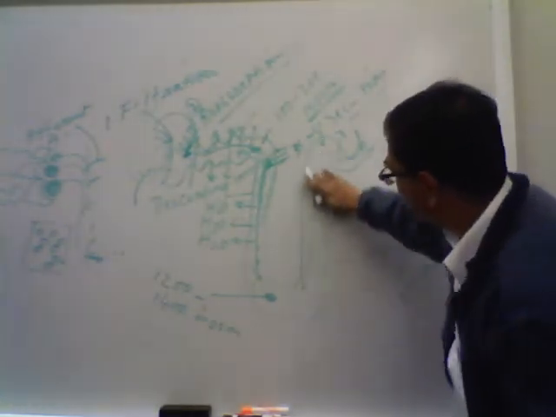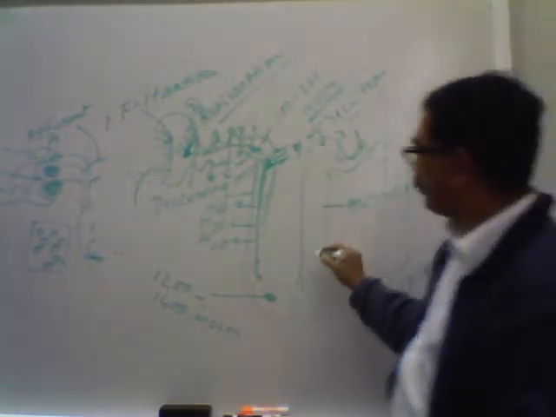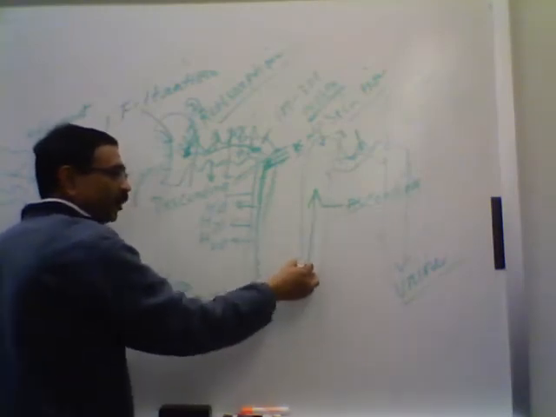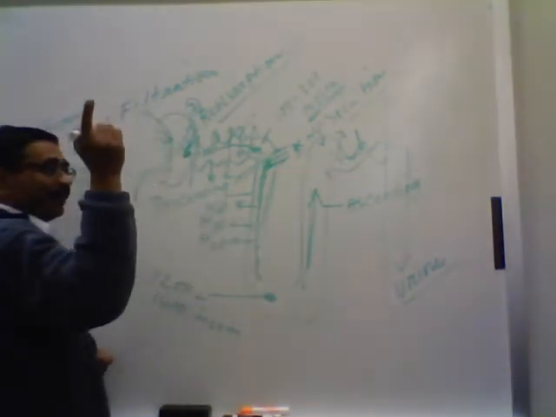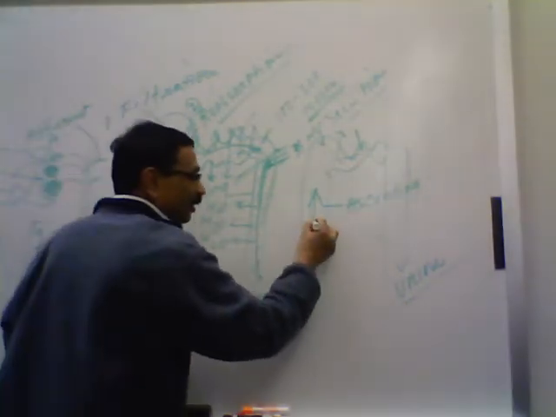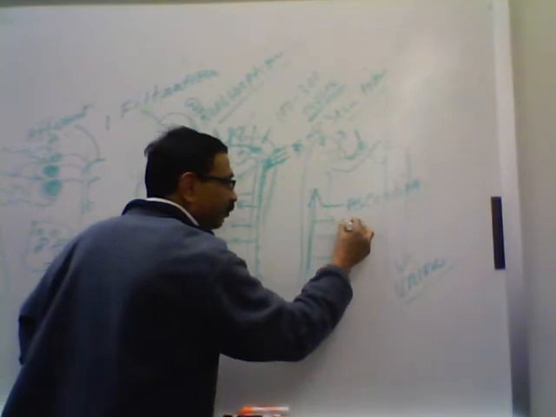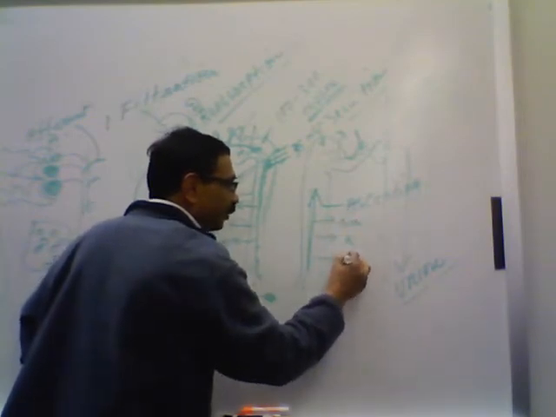Yes, very good. Okay, now you see, when the fluid will start to move up through the ascending limb of loop of Henle, here something different happens. No water will leave, reabsorbed. What will be reabsorbed? Sodium, potassium, chlorine.